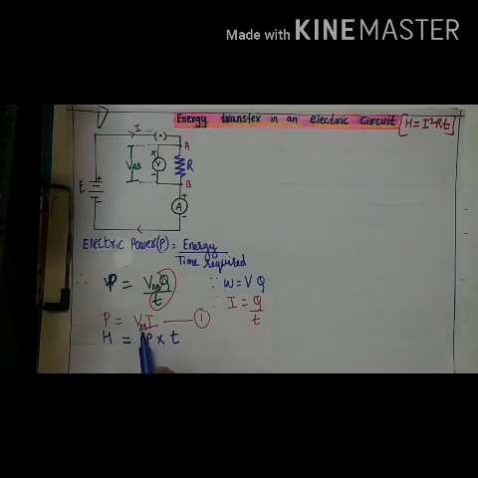Power is VAB into I. So substitute the value of power in heat. We get H = VAB × T × I. This is equation number 2.